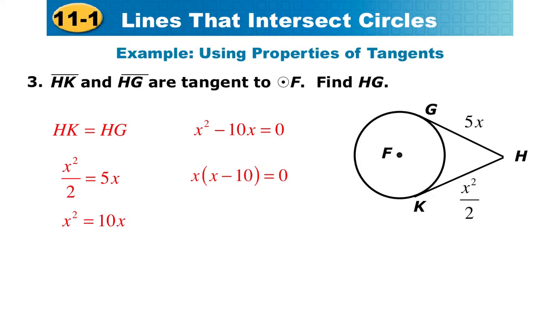We apply the zero product property, and this is what you get: x equals 0 or x equals 10. And of course, we're not going to be using this one, otherwise we get nothing for HG. So we use x equals 10. We substitute. Since HG is equal to 5 times x, we substitute x, and that's how we end up with 50.